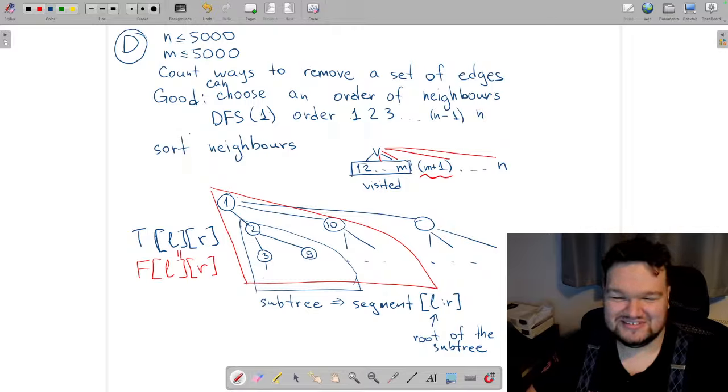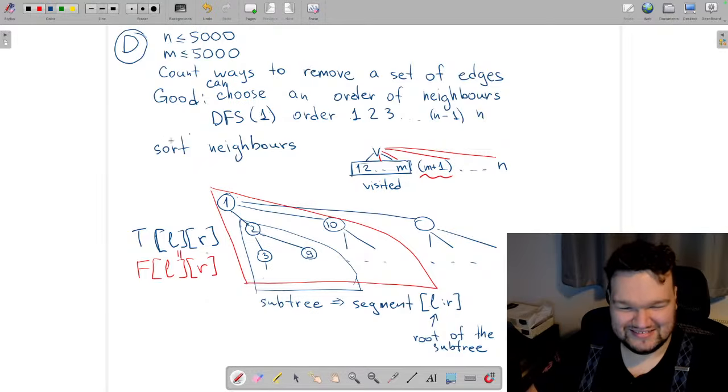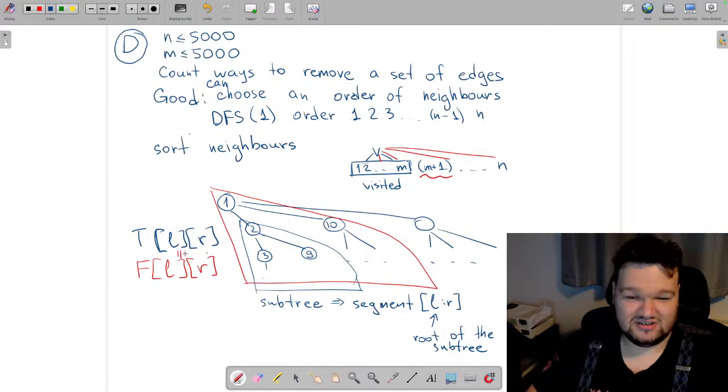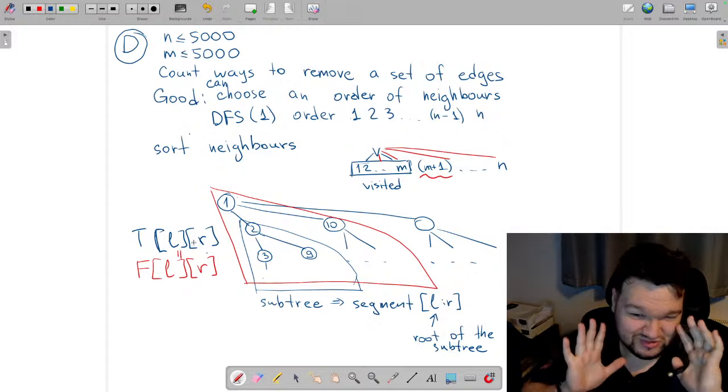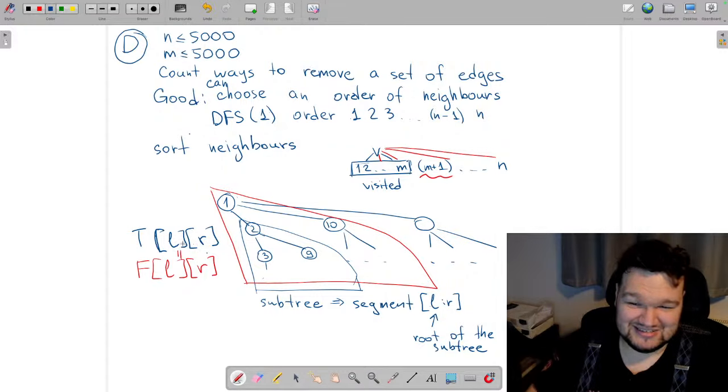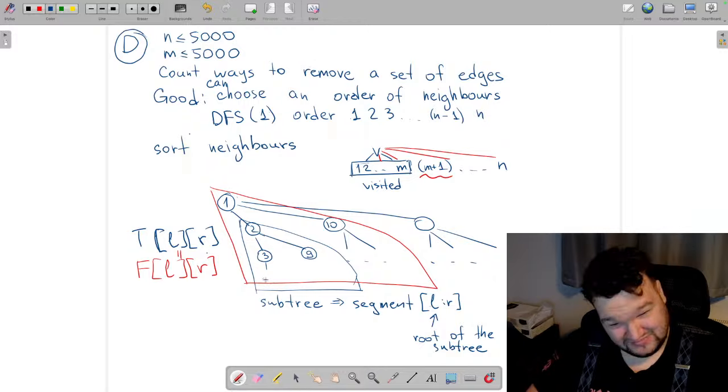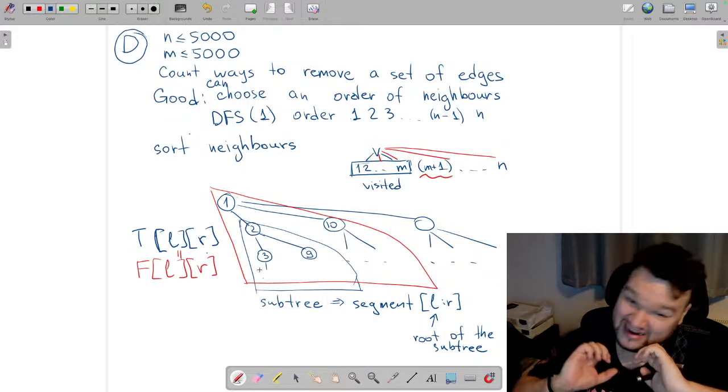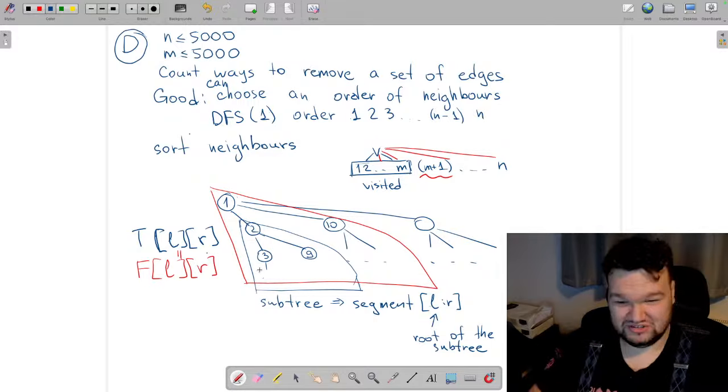So I will continue the explanation. Right, so where were we? We are doing subsegment DP. T[L][R] is the number of ways to do something, so that the segment from L to R is a subtree rooted at L, and F[L][R] is the same thing, but we're expecting that we will add more children to the root.